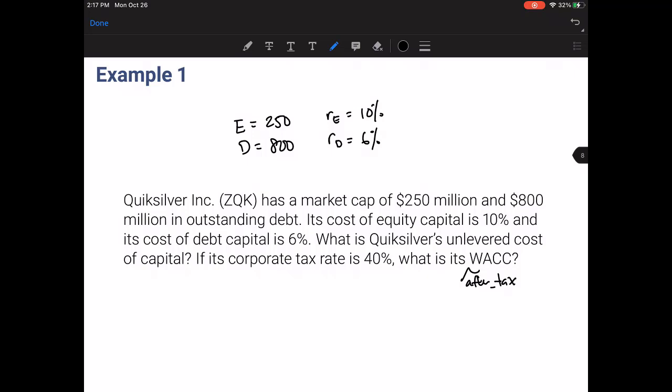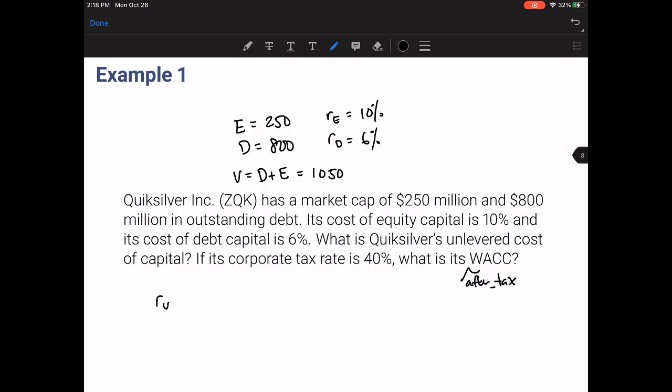All right, so based on the equations above, our unlevered cost of capital, or our pre-tax WACC, looks like the following. It's simply a weighted average between the cost of debt and the cost of equity. And we simply have to calculate the ratio between the debt and the total value of the firm. So just to reiterate again, the total value of the firm can be computed by adding the debt value of the firm plus the equity value of the firm. And in this case, our total value of the firm is $1,050 million.